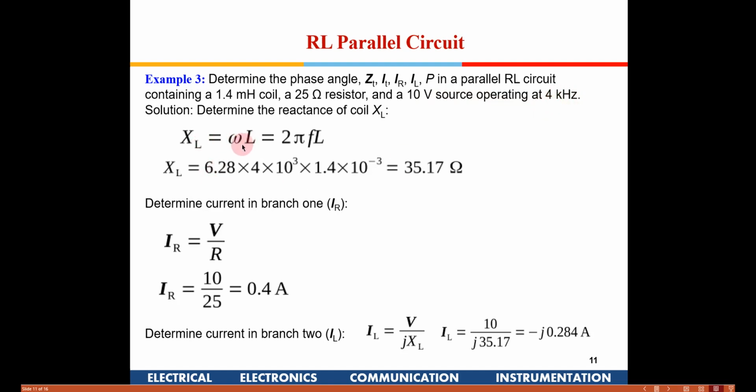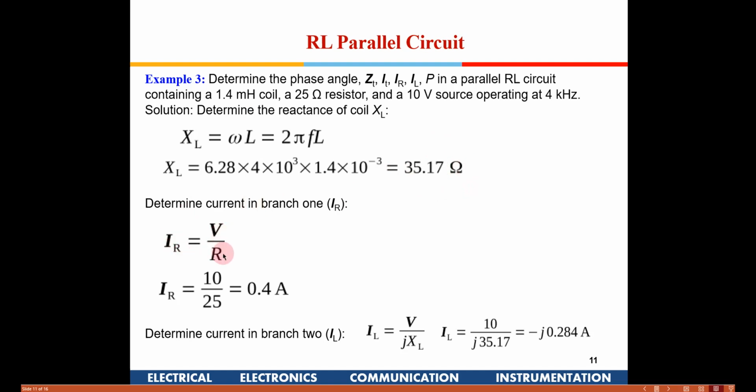So XL will be L omega, or 2 pi f into L. Substituting that, 2 pi is 6.28, and 4 kilohertz is 4 into 10 to the power of 3, and L is given as 1.4 millihenry, so 1.4 into 10 to the power of minus 3. So this is the impedance offered by the inductor, XL.